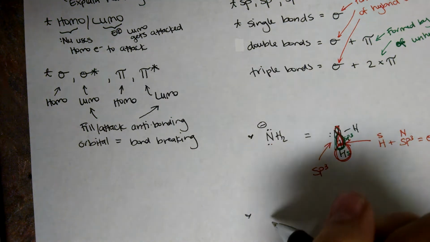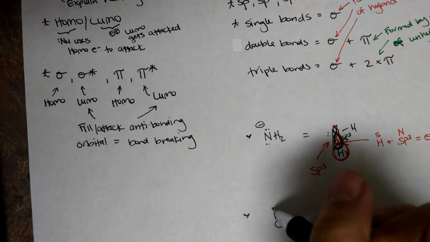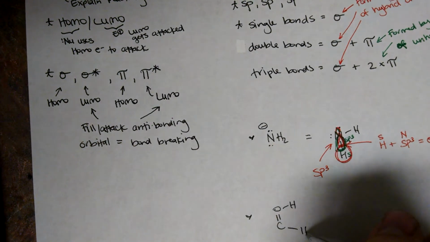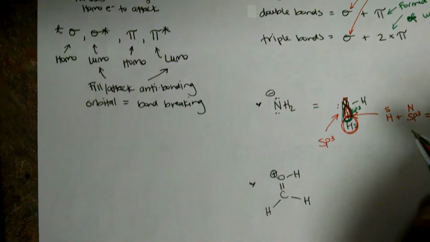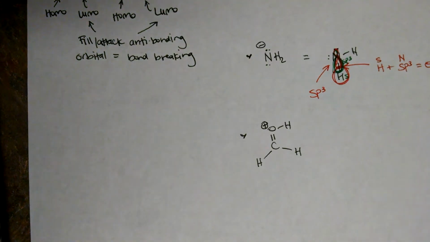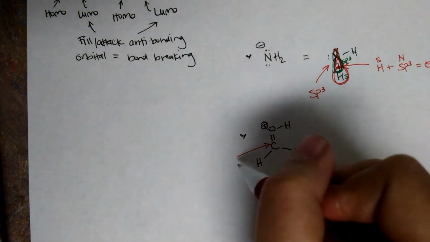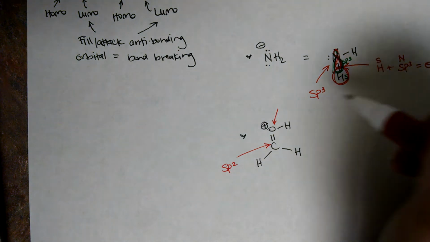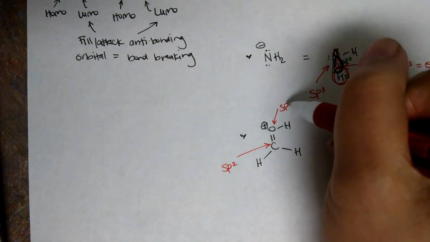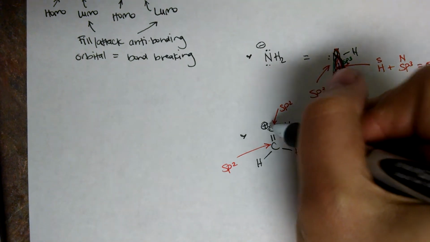How about CH2O? Really quick, the hybridization of this guy. He is sp2. The hybridization of this guy, he's also sp2, because although they aren't drawn, he has lone pairs.